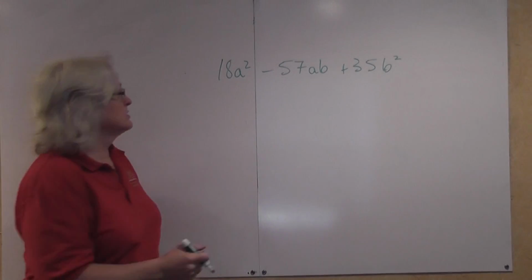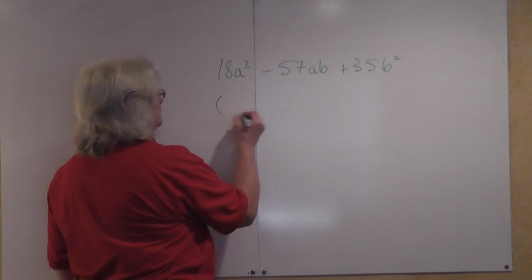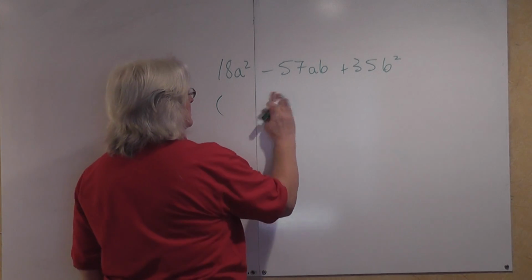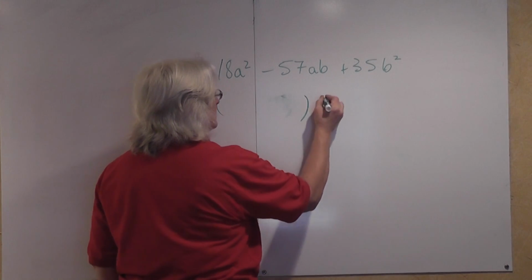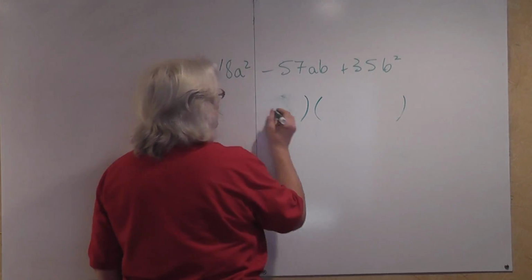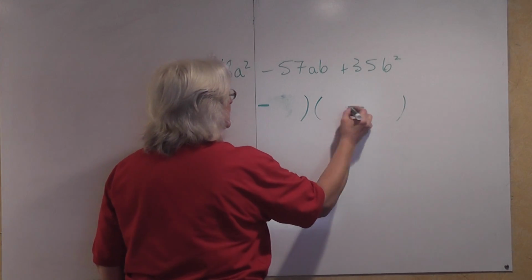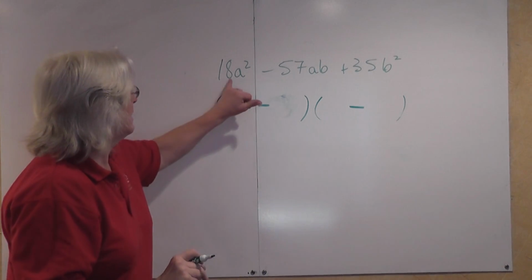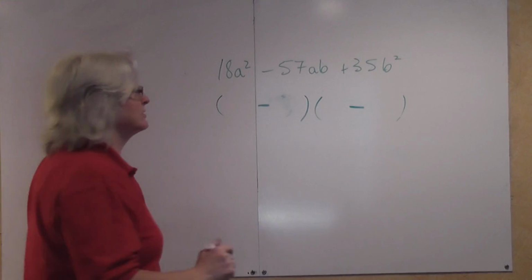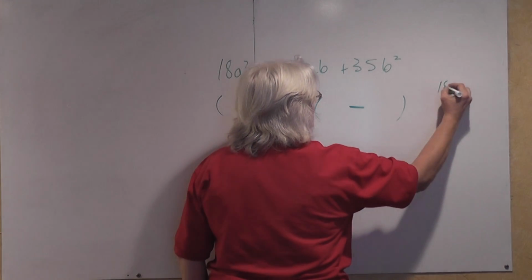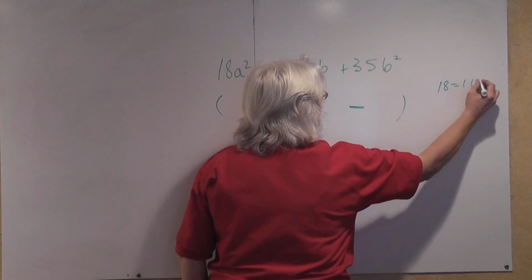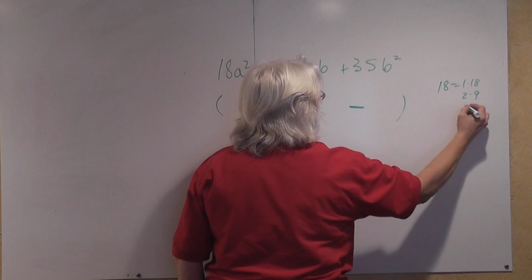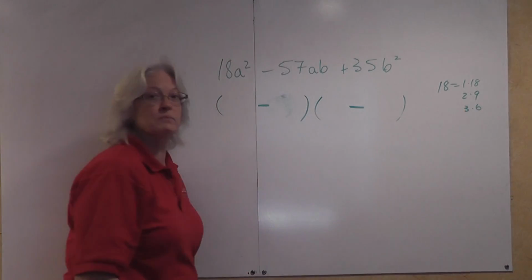Okay? So let's go ahead and see what we can do. Negative times negative. We have that little piece of information that we know. How can we factor this first term? Well, 18 can be either 1 times 18, 2 times 9, 3 times 6.